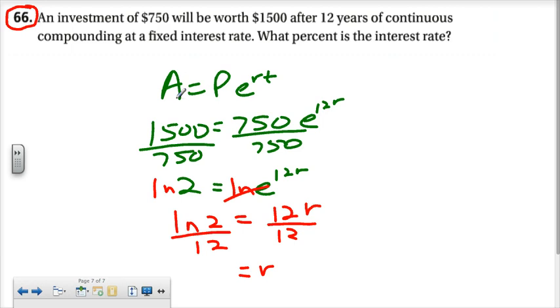Let me get that here real quick on my calculator. Natural log of 2 divided by 12. 0.05776. I'm going to round that to 0.058. So approximately 5.8% as we go through that.